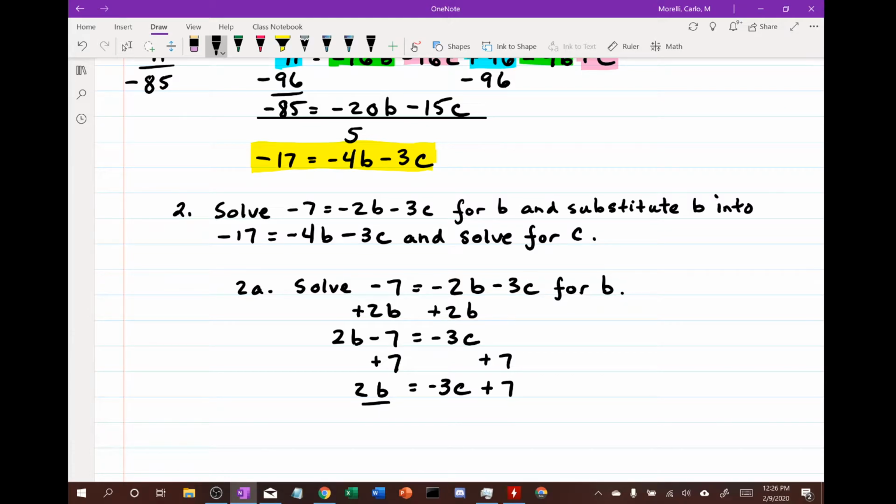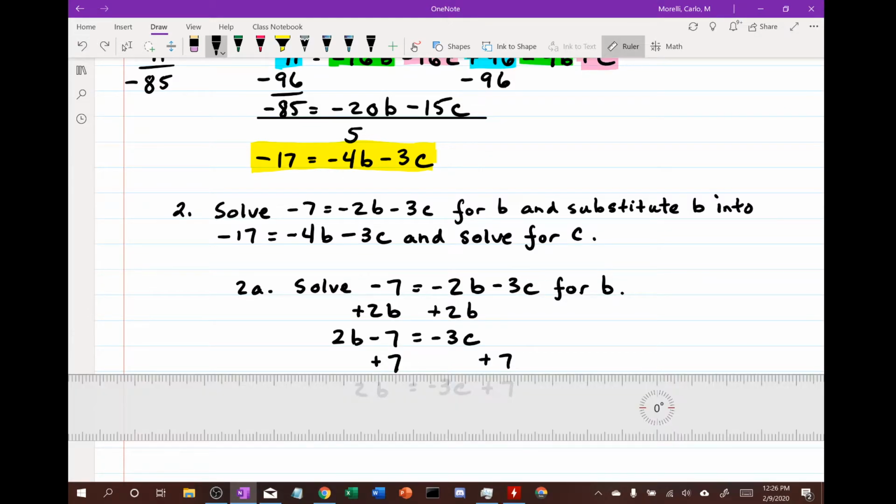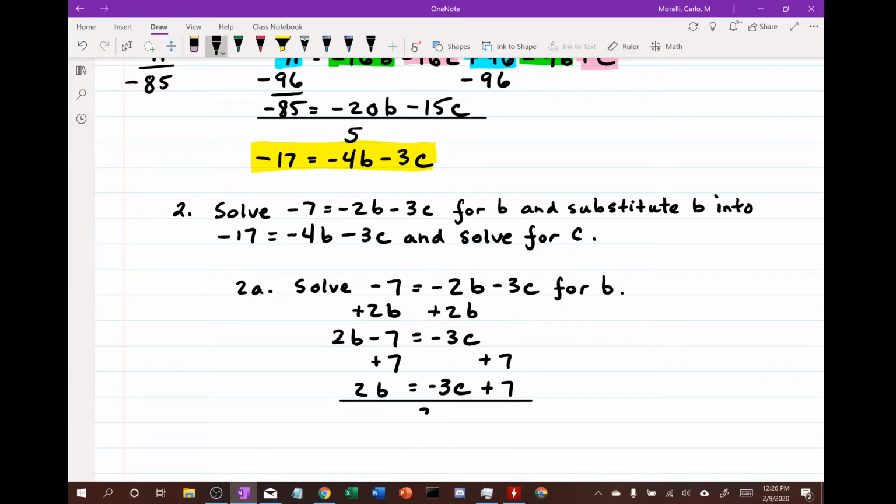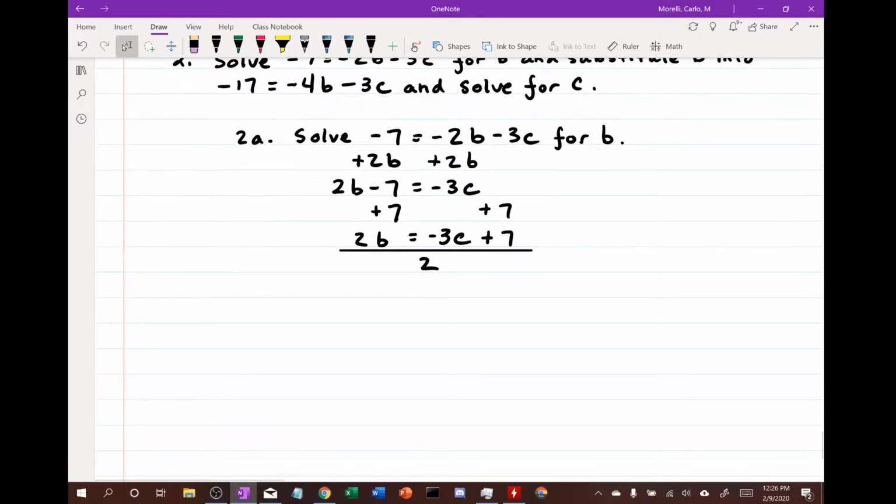And then I will divide everything by 2. And I will get b equals -3 over 2c plus 7 over 2.